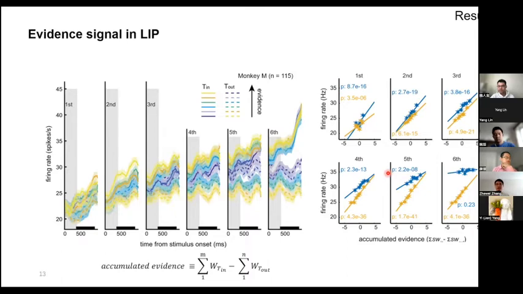Here I just want to show that the neurons I recorded show classic LIP neuron properties and are consistent with previous results.